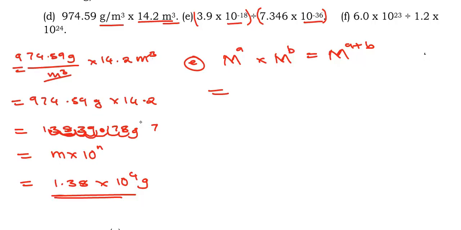So we are going to divide 3.9 by 7.346. Then multiply. What about the 10? Since we are multiplying the same bases, we are going to add the powers. We have negative 18 plus negative 16. Okay, it's negative 36 there.